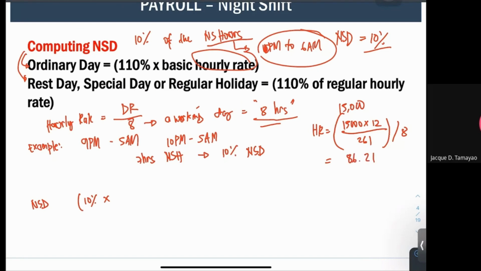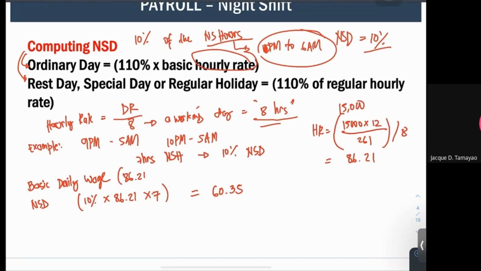Okay? Multiplied by our hours of night shift differential. So 7 hours. So 7 times 86.21 times 0.10. So your night shift differential is 60.35 plus your basic daily wage of 86.21 times 8 hours.